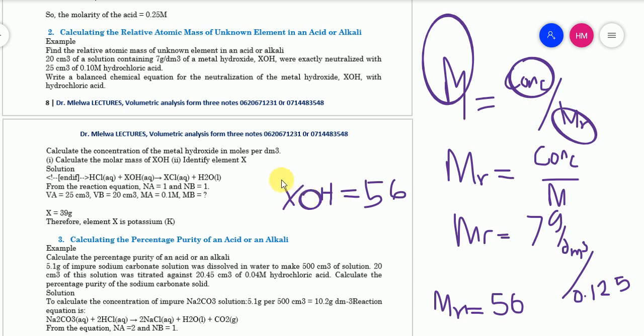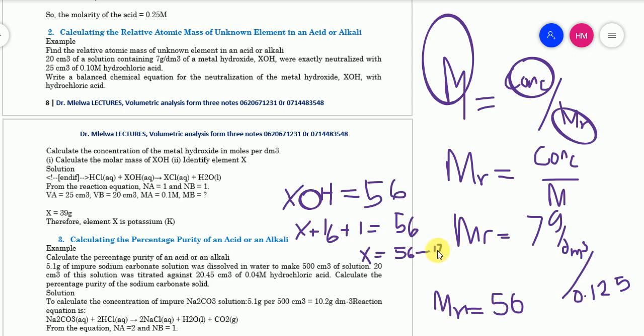So you are finding for X. That means molar mass of X plus molar mass of oxygen, which is 16, then plus molar mass of hydrogen, which is 1, is equal to ngapi? Is equal to 56. So saying so manake hapa ni 17. So it is X is equal to 56 minus 17.